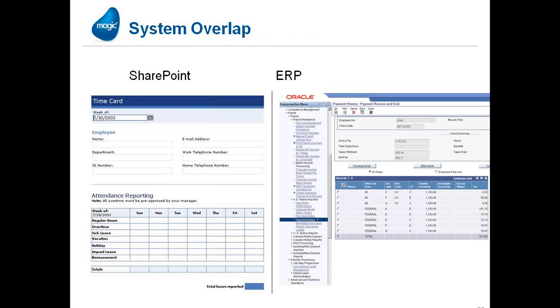This is another valid approach and option that you can pursue. When you do that, there's going to be overlap between the two systems because some of that functionality is already in JD Edwards, but you may be doing this because you want time and attendance managed in a SharePoint app that's available across the entire organization rather than being entered manually by your ERP user.